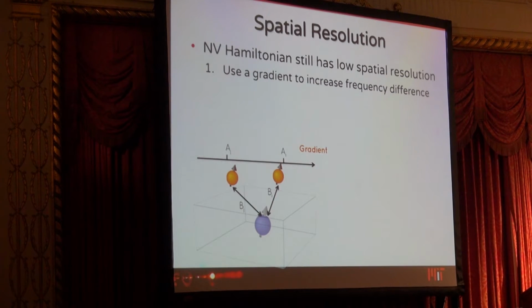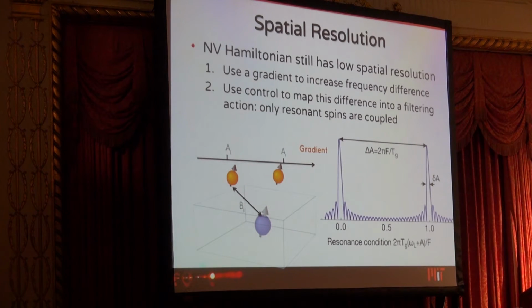However, this gradient might not be strong enough. These are nuclear spins, so they do not couple very strongly to magnetic field. So what we can do is to try something else and introduce some extra control on our system in order to try to cancel out completely the coupling to one of the two spins.